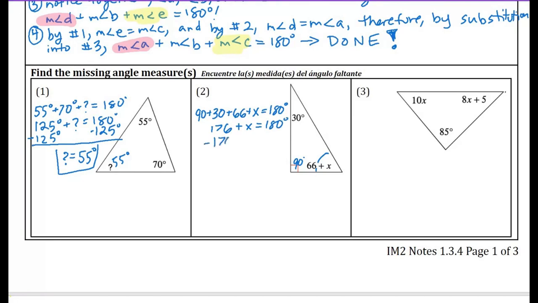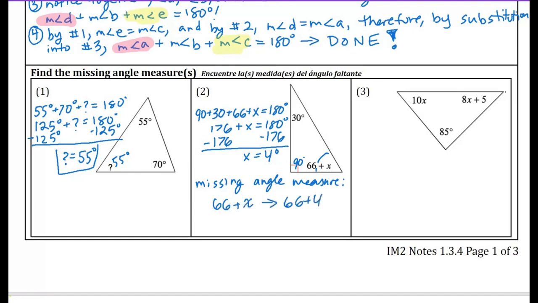I subtract 176 from both sides, revealing that x must be 4 degrees. And I'm not done because now I need to use x to find the missing angle measure. So for the missing angle measure, that's going to be 66 plus x, which is 66 plus 4, which is 70 degrees. This is a 70-degree angle.